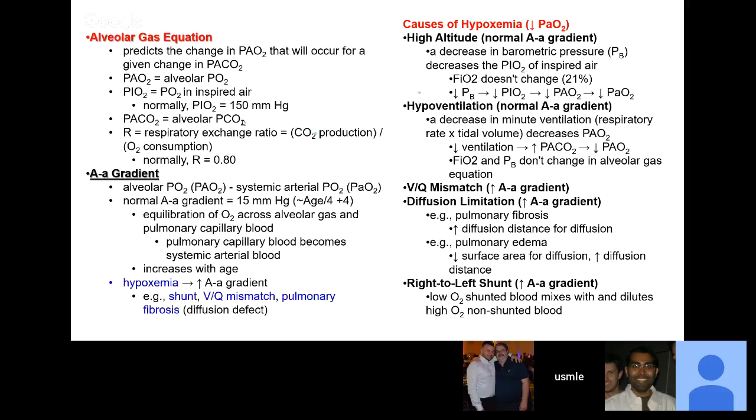In that situation, the FiO2 and the barometric pressure don't change in the alveolar gas equation because that's not the disease. PB did not change. It's just ventilation that is decreasing for many reasons, voluntarily or involuntarily. So in this situation the alveoli and the exchange are still totally normal. Anything that is pressure outside is going to be normal, and the oxygen itself is going to be normal.